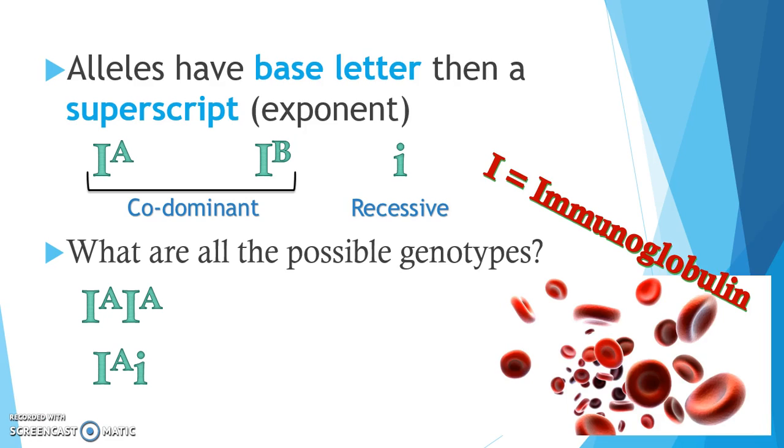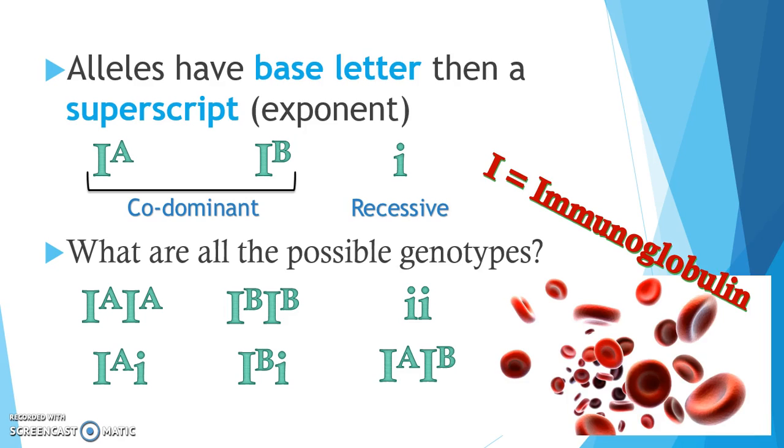A second different genotype is IB, so homozygous for type B, and you can also be heterozygous for type B. You can be heterozygous but have 2 different dominant alleles, and you can be homozygous recessive, having 2 of the same alleles. So everybody in this room has one of these 6 different possible genotypes.